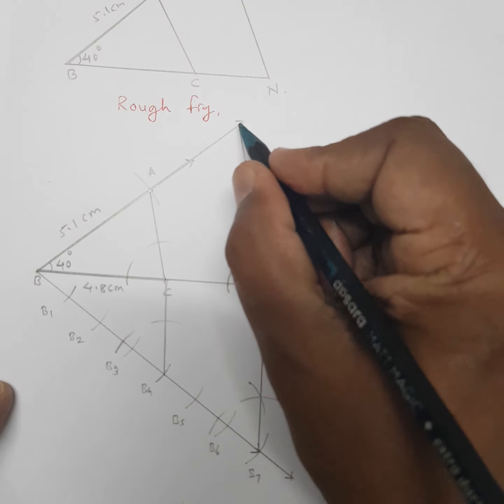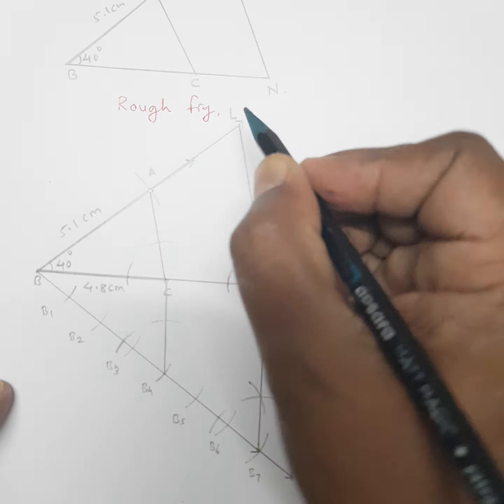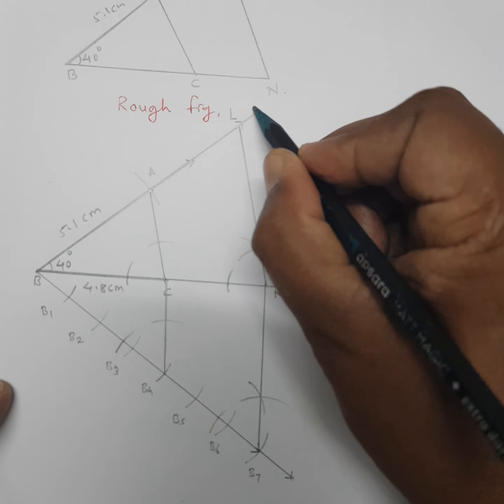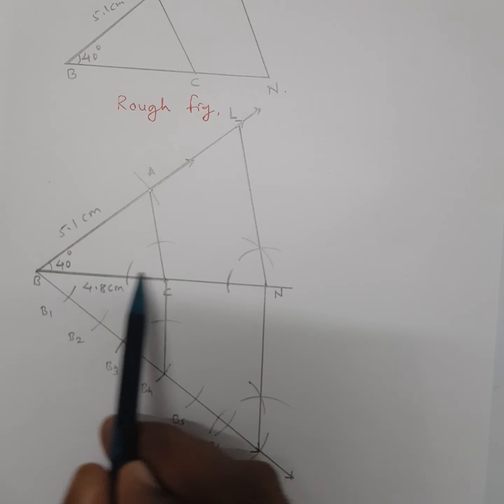It intersects at this point. This will be point L of triangle LBN.